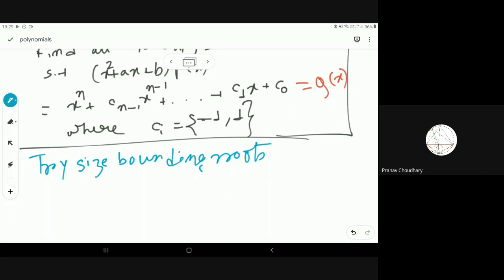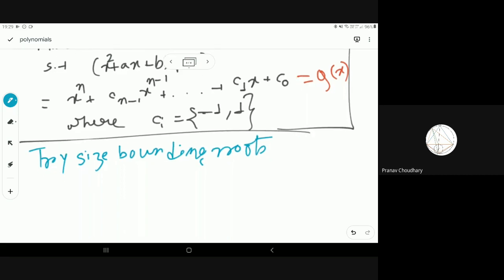The roots of q of x lie between minus n and n. Do we use this? Come again, please. Okay, no, sorry. I misread it.